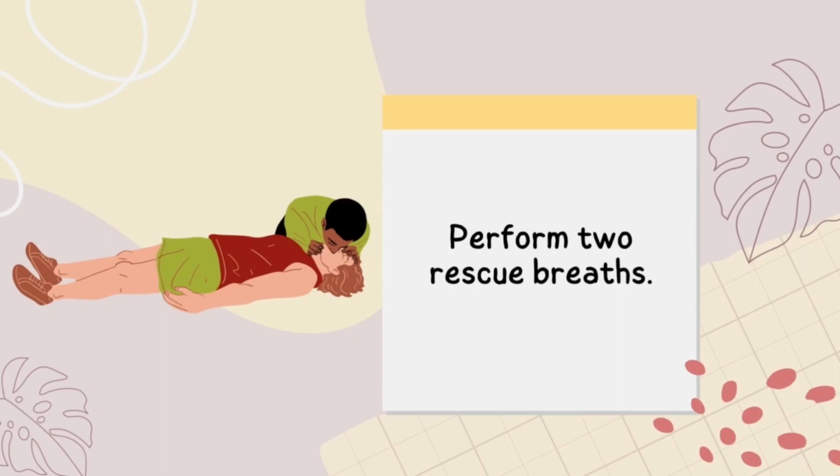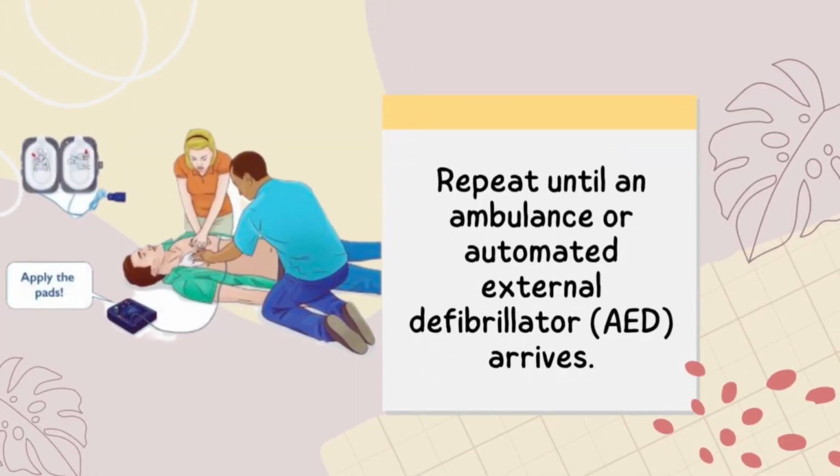If their chest still does not rise with a second breath, the person might be choking. Step 6. Repeat the cycle of 30 chest compressions and 2 rescue breaths until the person starts breathing or help arrives. If an AED arrives, carry on performing CPR until the machine is set up and ready to use.